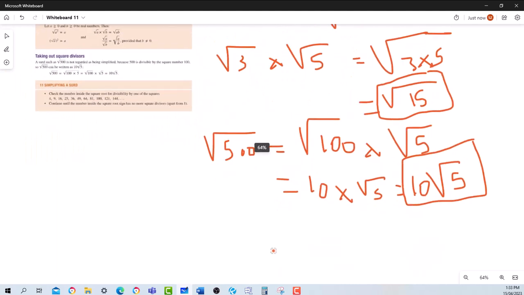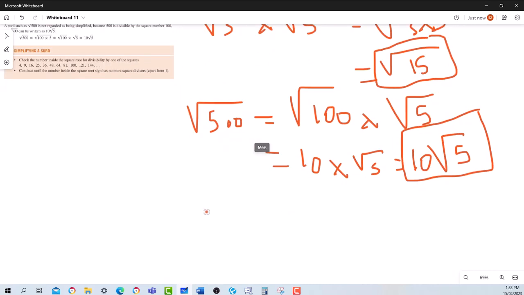Now let's move to another example. Pause the video please and solve it for your practice. The square root of 18 is also a surd, because the answer is irrational.